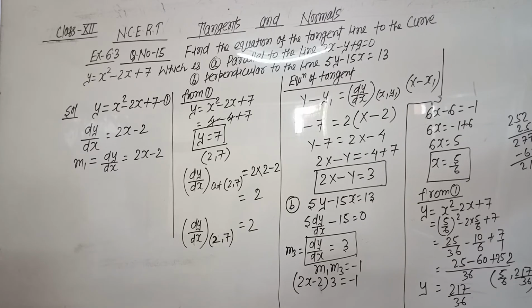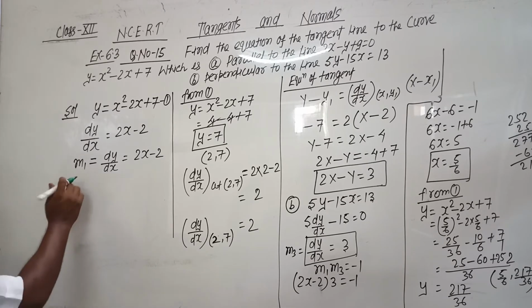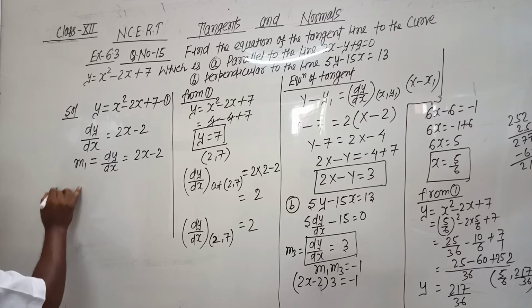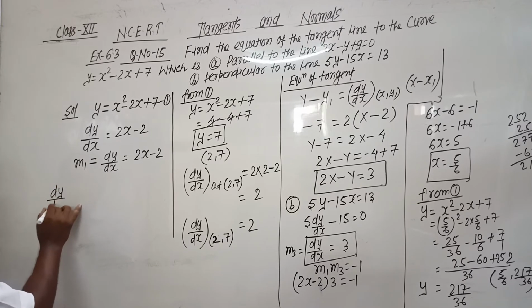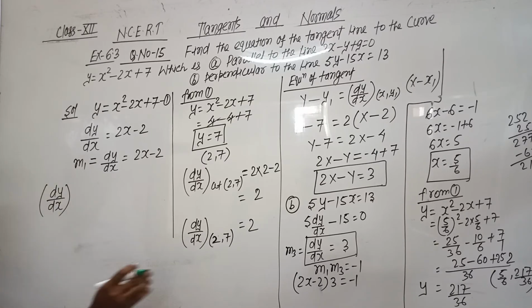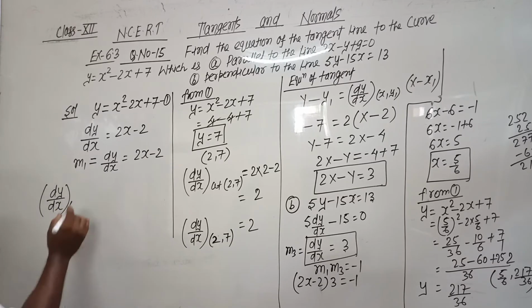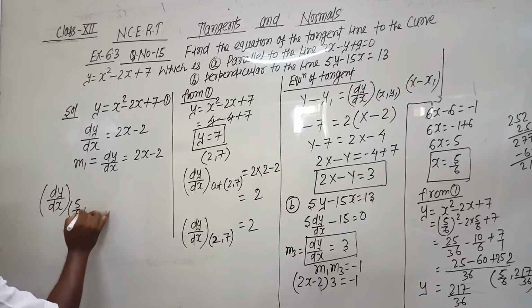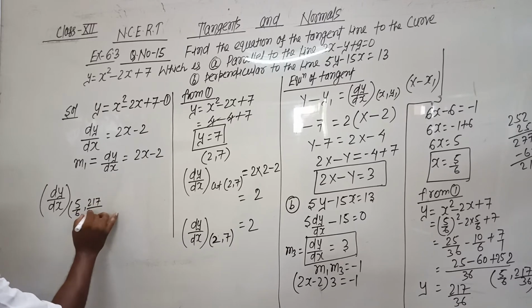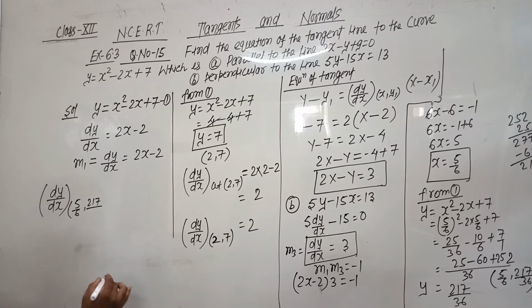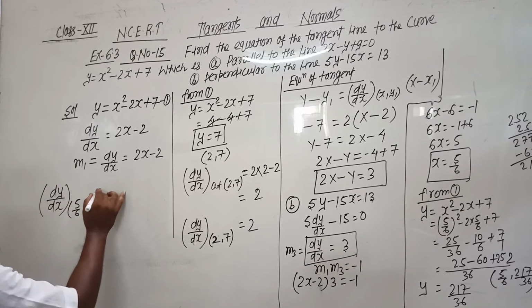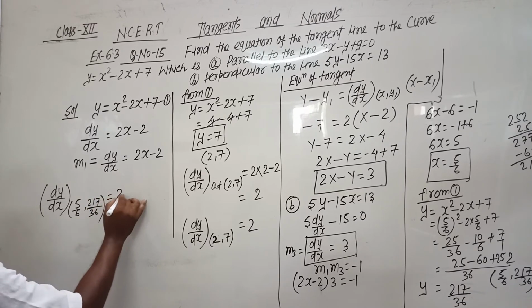So the value of m1 means dy by dx at the point (5/6, 270/36). So this is 2x minus 2.